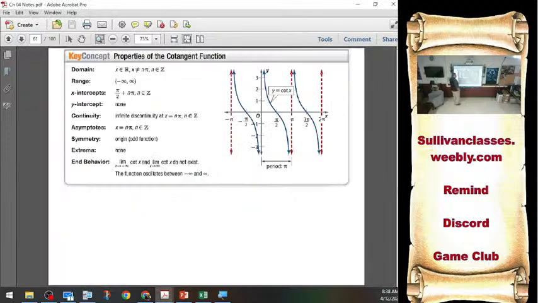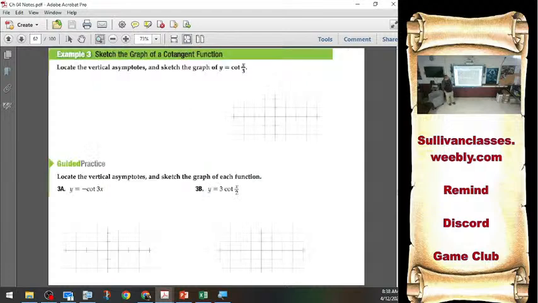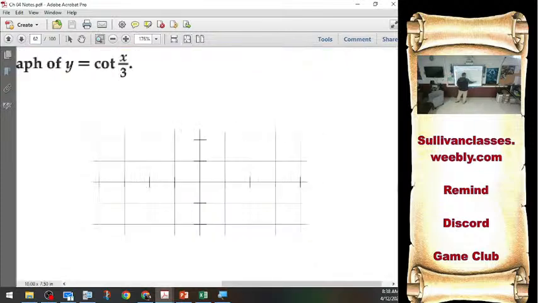So cotangent and tangent, I honestly believe cotangent is the easiest of all 6 trig functions to graph. Find the vertical asymptote, sketch a graph. So everything that used to be an x-intercept is now an asymptote. So don't draw this part. I used to have intercept, asymptote, intercept, asymptote, and so on.